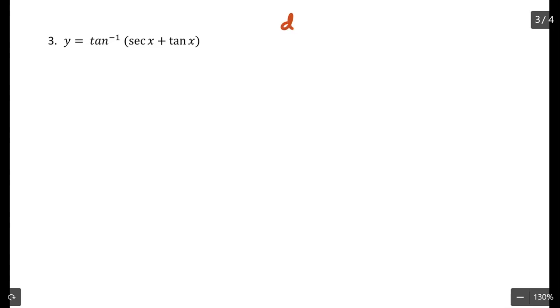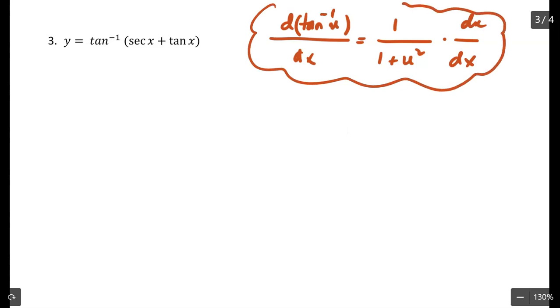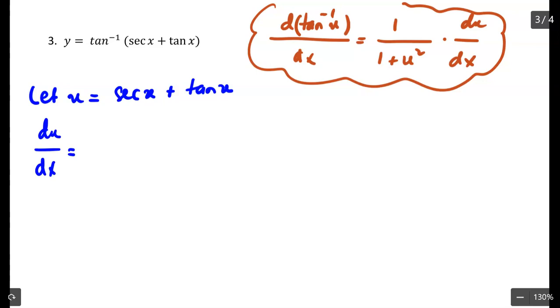So the derivative of tangent to the minus 1 of u will be equal to 1 over 1 plus u squared, then times du over dx. Okay, so what we are going to do is let u equal secant of x plus tangent of x. To take the derivative of this, the derivative of secant, you use this formula.